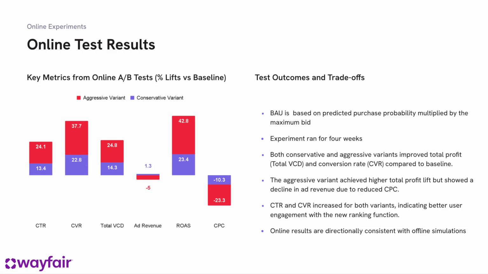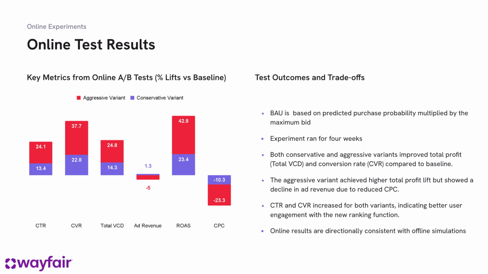We ran an online test using these two variants for 4 weeks, control being our BAU model, which uses p-purchase times bid. Both conservative and aggressive variants improved total profit and conversion rate compared to baseline. The aggressive variant achieved higher total profit, but showed a decline in ad revenue due to reduced CPC.